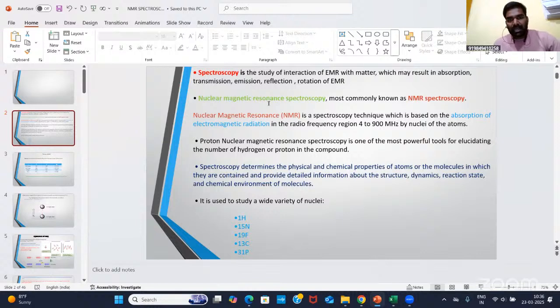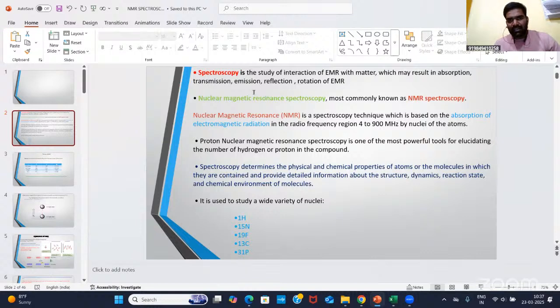Nuclear magnetic resonance spectroscopy is most commonly known as NMR spectroscopy. Here, N stands for nuclear, M stands for magnetic, and R stands for resonance. NMR spectroscopy is a spectroscopy technique based on the absorption of electromagnetic radiation.